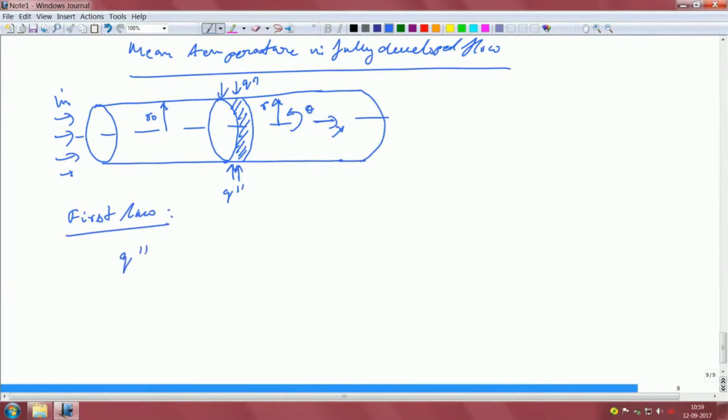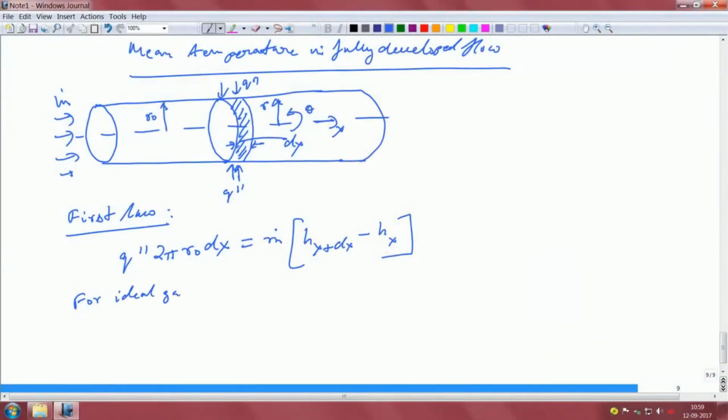So we say that q double prime, just look at the expression, 2 pi r naught into dx, where dx is this elemental section, right. So this is the total amount of heat that is dumped into that elemental section dx, leading to m dot, okay. So the m dot is the mass flow that was coming in. So the enthalpy of the fluid should have increased in this particular fashion. So whatever is coming out on the other side should have a little bit more enthalpy than whatever is entering. That is because of the amount of heat that you have actually supplied, right, okay.